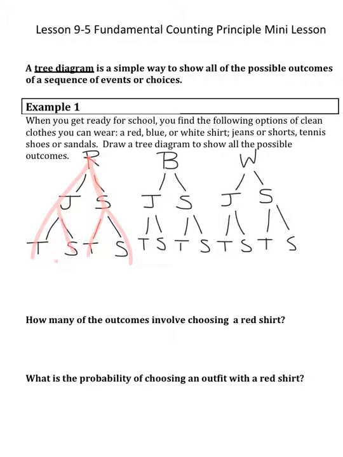We have 5, 6, 7, 8 paths there, and then we keep going. We're adding on 9, 10, 11, 12 paths. What does this mean then? This means that there are 12 outfits that can be created. Really, I should write that down below here.